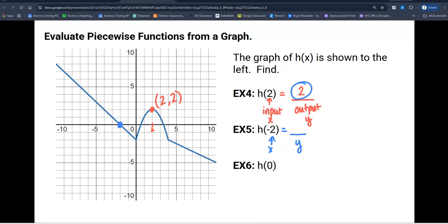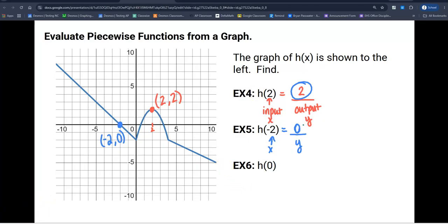Alex, what are the coordinates of that point? -2, and what's the y coordinate? Okay, if it's on the y-axis, you don't go up any, so it's 0 for that. So -2, 0. So the answer is 0. Okay, so it's just the y coordinate of the point.